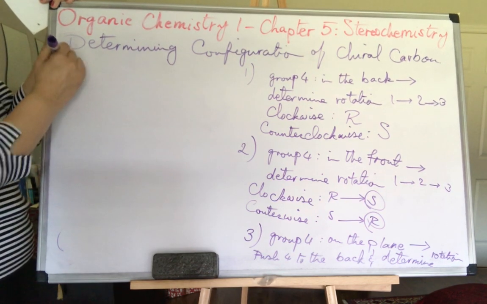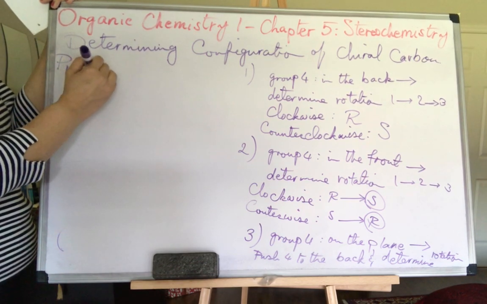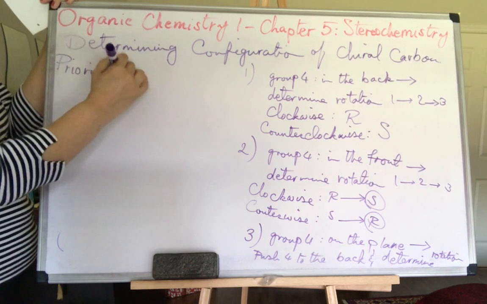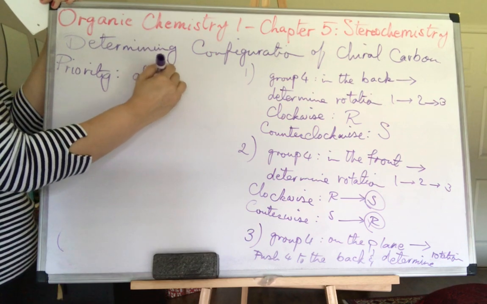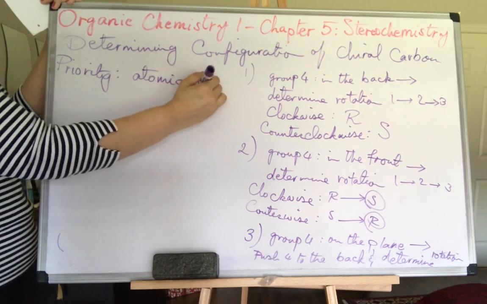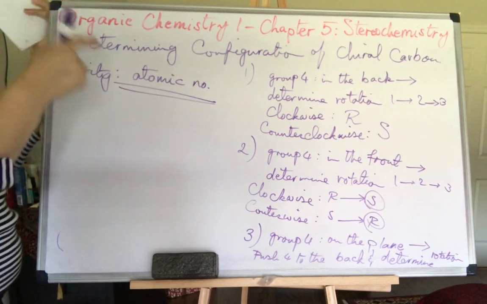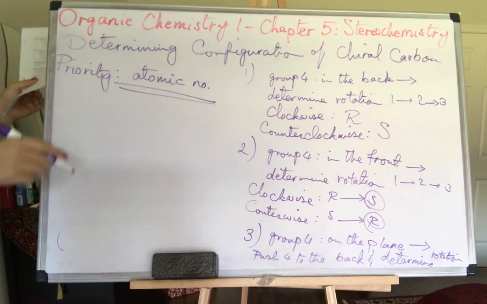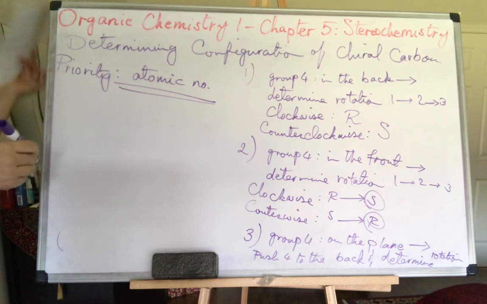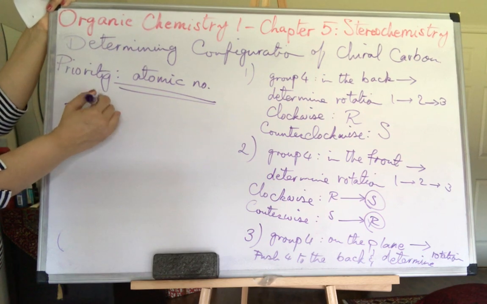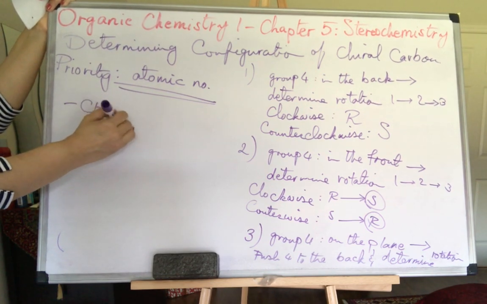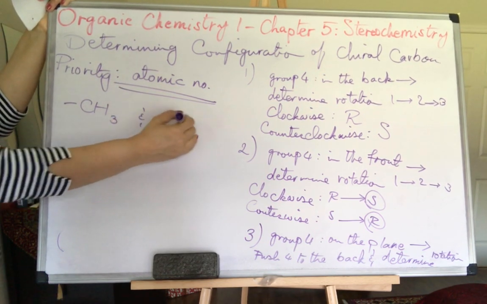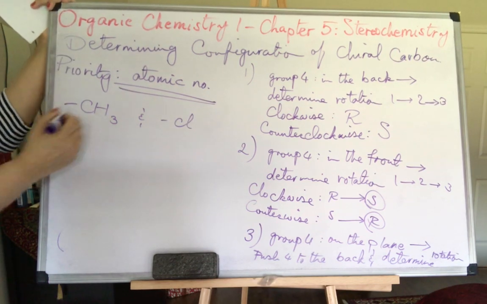Priority is by atomic number. Pay attention. Atomic number, not atomic mass. Atomic number. So if you want to determine the priority between CH3 and Cl, which one has a higher atomic number?